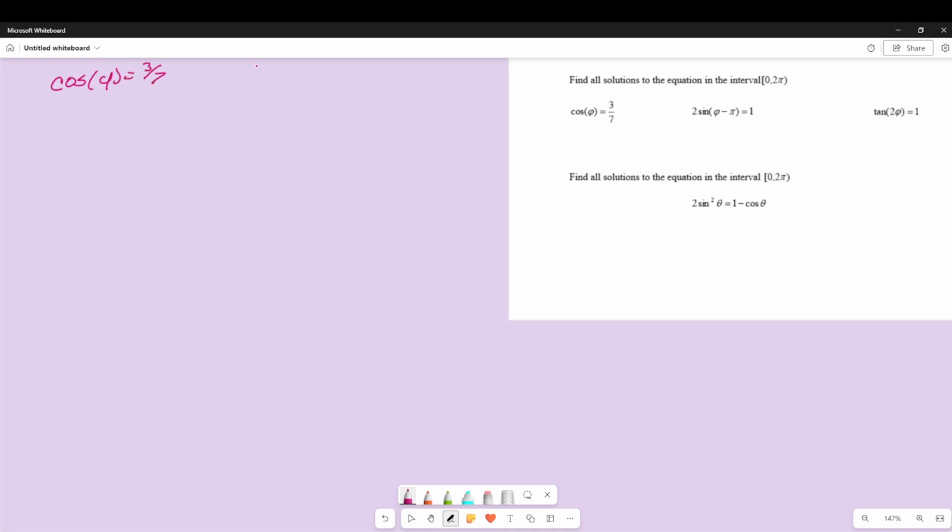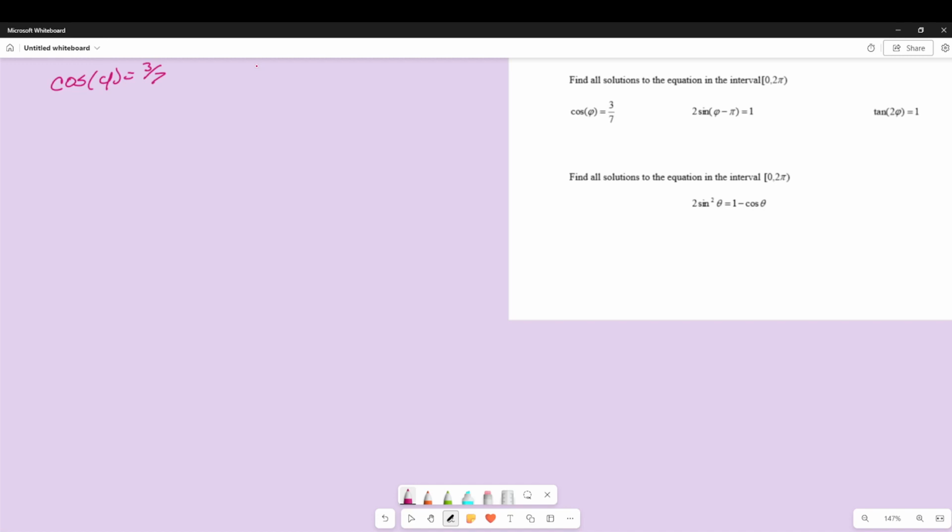Now this isn't one of our standard angles, so we would need either a table or some bit of technology to tell us what that cosine inverse is. Your problems on your test will either include a table of values or will be one of your standard angles, so that'll be advantageous.